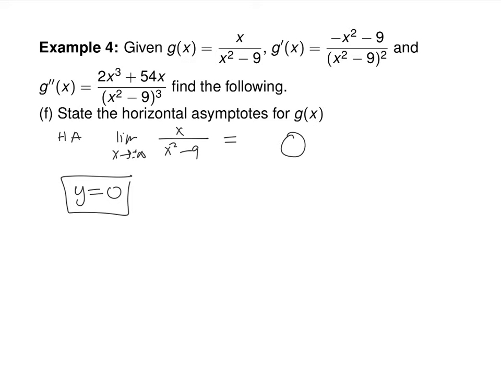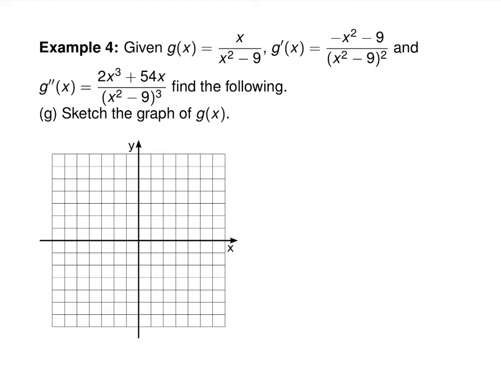Okay. And then sketch the graph. We know we go through 0, 0, right? We also know we have asymptotes though, don't we? 3s, yeah. So an asymptote at x equals 3, x equals negative 3. Sketch in a different color.